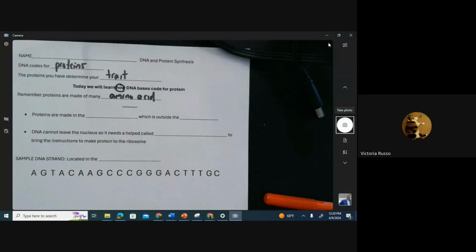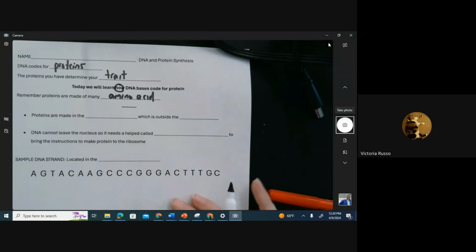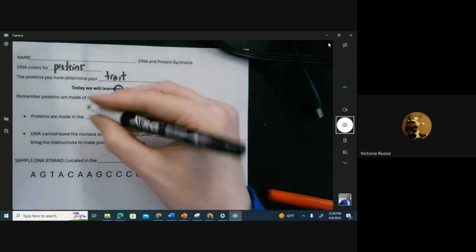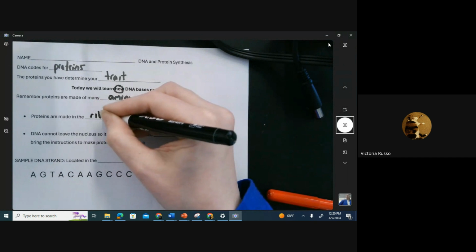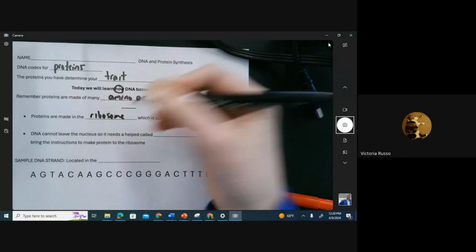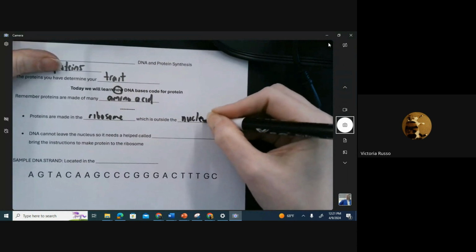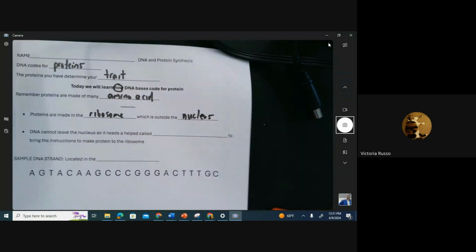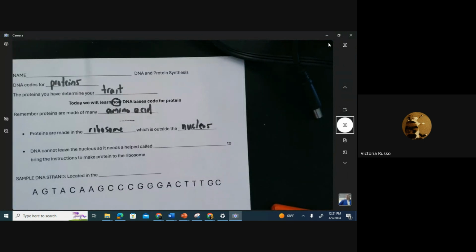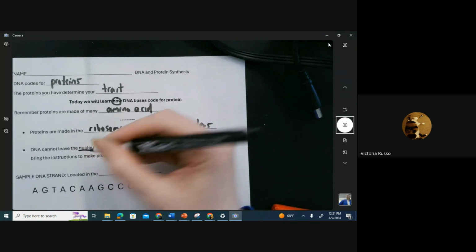If you remember from the beginning of the year, proteins are made in the ribosome, which is located in the cytoplasm outside of the nucleus. DNA is located in the nucleus, and DNA can't leave the nucleus.